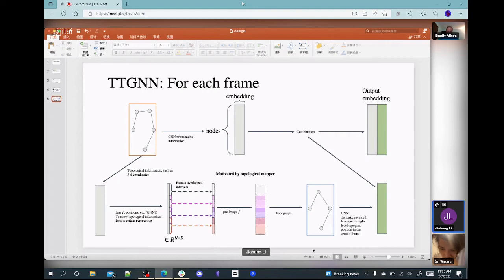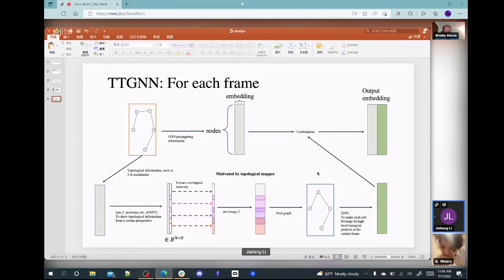Then we have a pooled graph. It is very similar to that hand point cloud in the previous slides. You might remember that we have a point cloud, and we use mapper to obtain a high-level network, and it is very similar to the process here. We have an original point cloud or original network, and we use mapper to obtain a pooled graph like this.